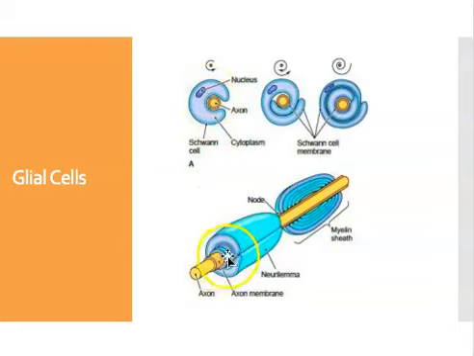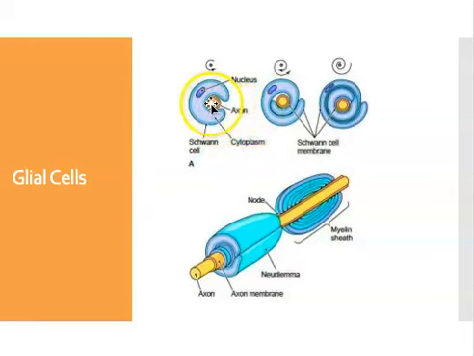So if this is what an axon looks like along its length down here, what we've done is we've cut a transverse plane through the axon, and we're looking at its cut end right here.